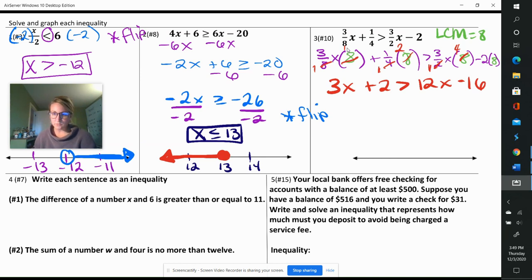We have a positive 12x on the right, so in order to move it to the left, we have to subtract it. We're adding 2 on the left, so we have to subtract 2 from both sides.